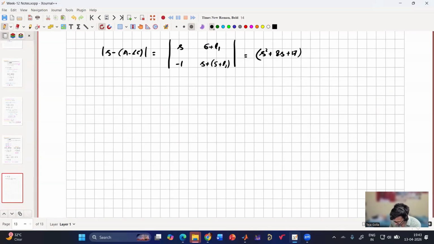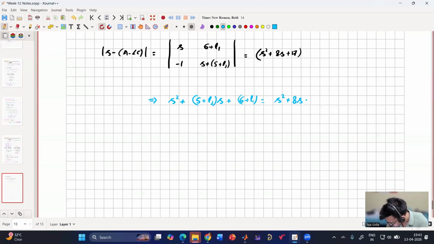Okay, so let us solve. We will have s square plus (5 plus L2) s plus (6 plus L1) is equal to s square plus 8s plus 17. So now we can get L2 is nothing but 3, L1 is nothing but 11.